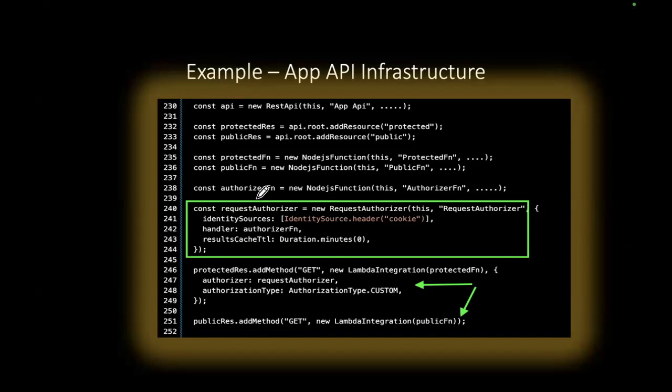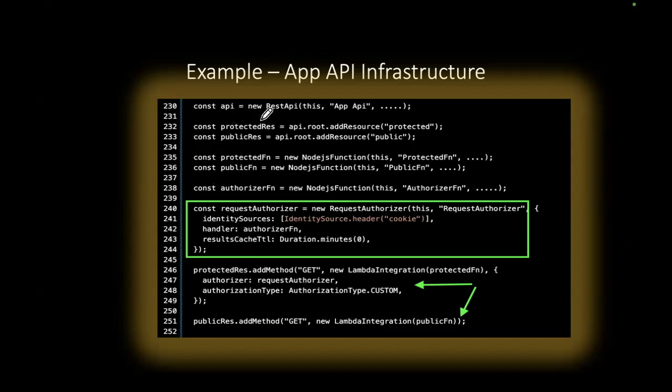Now I probably should have looked at this maybe when we were looking at the web APIs. So for the app API, we have to somehow indicate which endpoints are protected and which aren't. And the way we do that is what I'm showing you here.